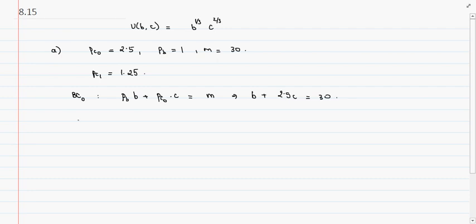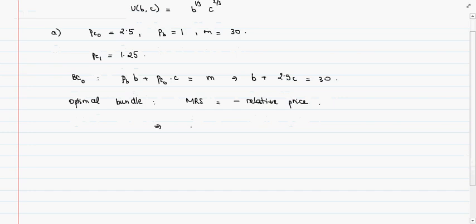Now, we know that the most preferred affordable consumption bundle for a well-behaved Cobb-Douglas utility function is just the point at which the slope of the indifference curve is equal to the slope of the budget constraint, or the marginal rate of substitution equal to the negative of the price ratio, or the relative price.